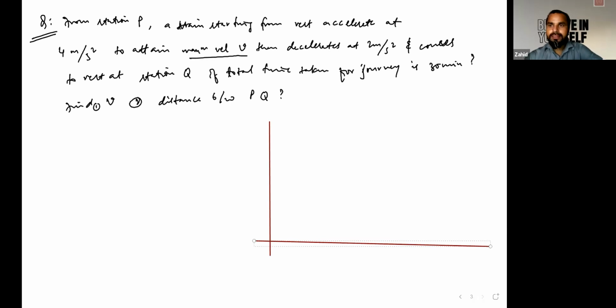The first part is the train accelerating, so the slope of the velocity time graph is positive for the first part. Then it starts decelerating to come to rest at station Q, like this.